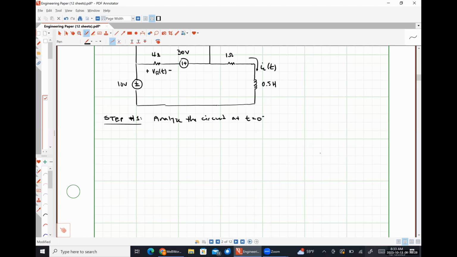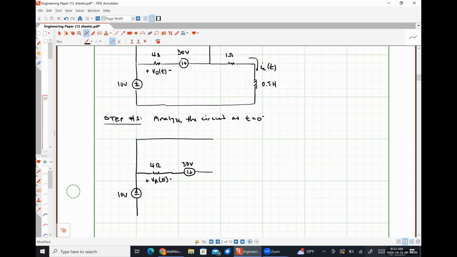So here's my 10-volt source. Here's my 4 ohm resistor over which I have my voltage VR at 0 minus. Here's my 30-volt source.